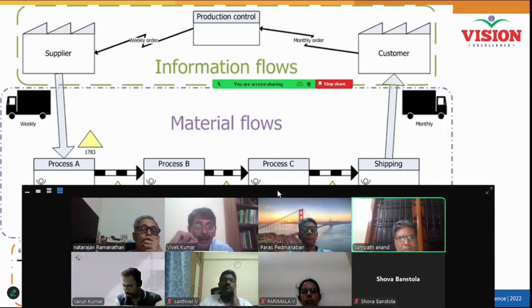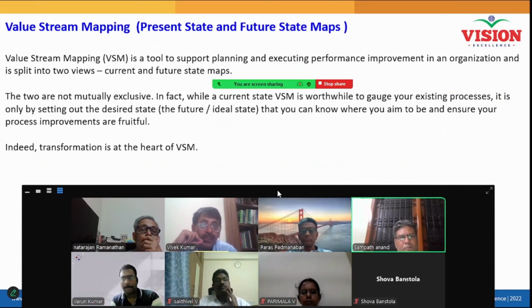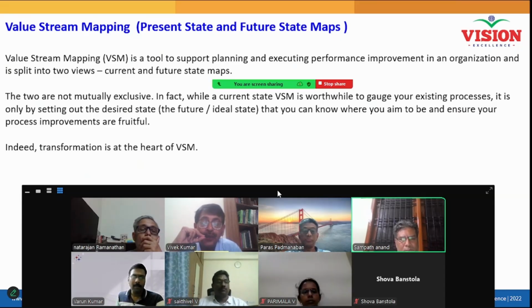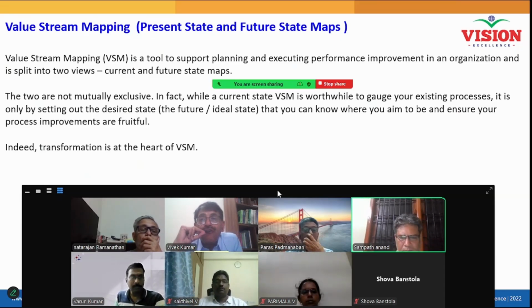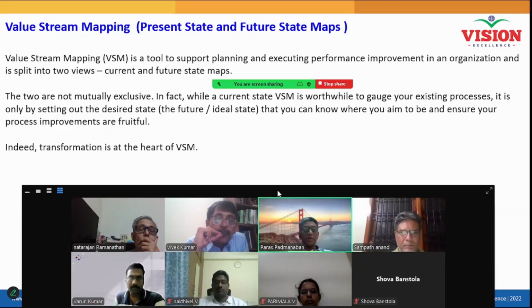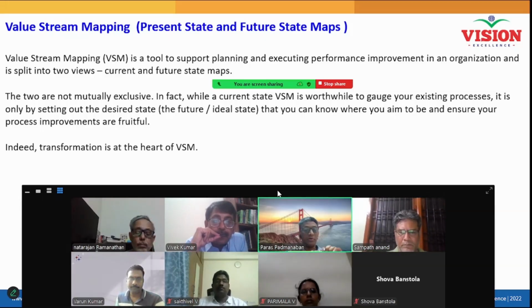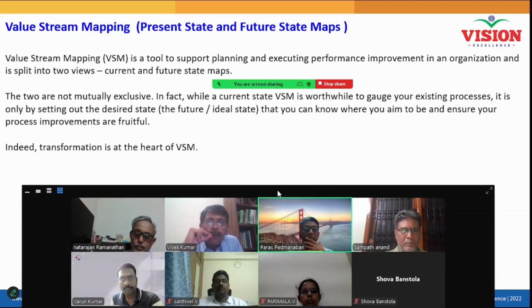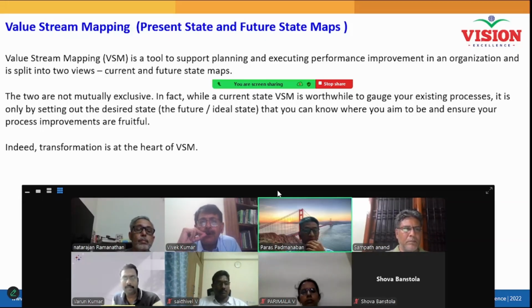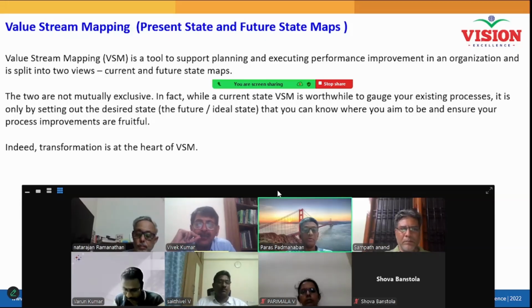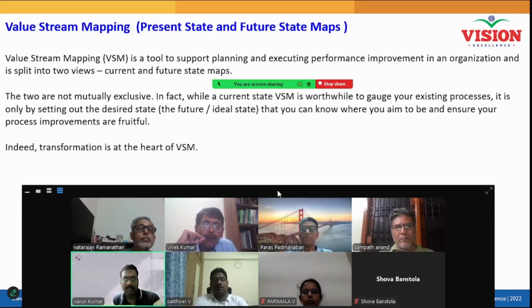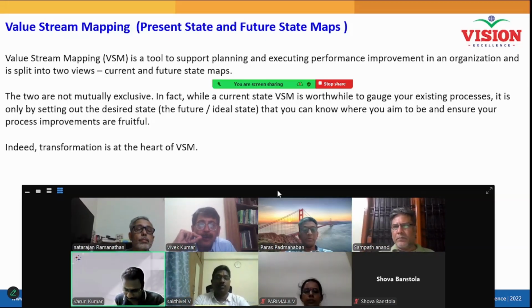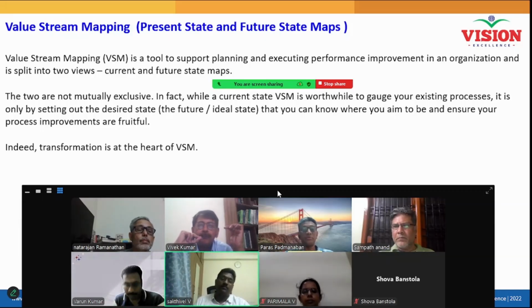Perfect. So my dear friends, that takes me to the next and very important characteristic of a value stream map. Sir, kindly put it into presentation mode, sir. Very small, I'm not able to read the screen actually. Right now it is in presentation mode only. But I'm not getting a full picture of it. Everyone else, can you confirm it is in presentation mode only? Yes, it's presentation mode only. The font size needs to be increased.